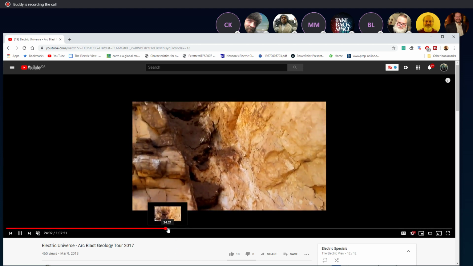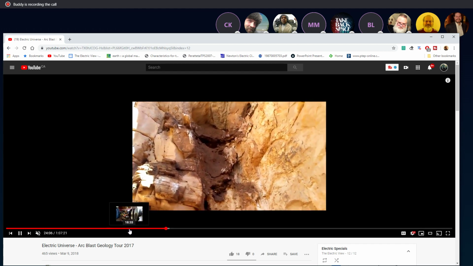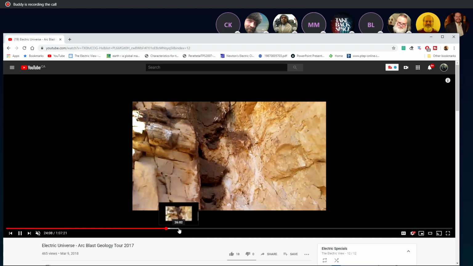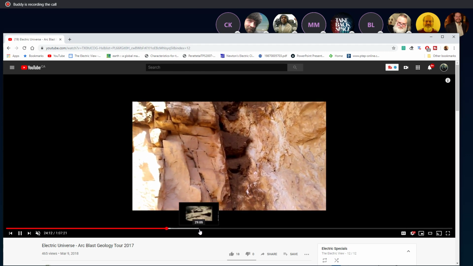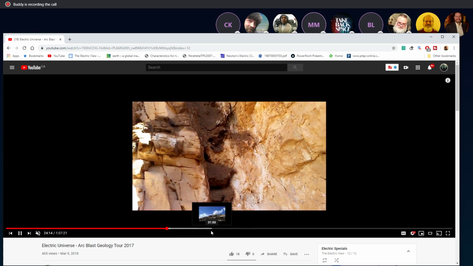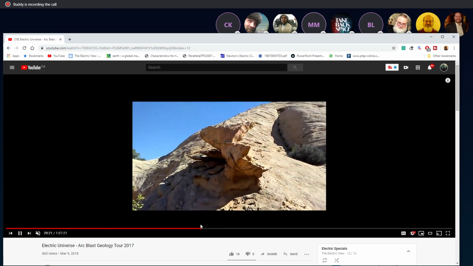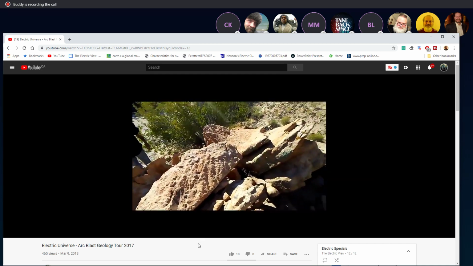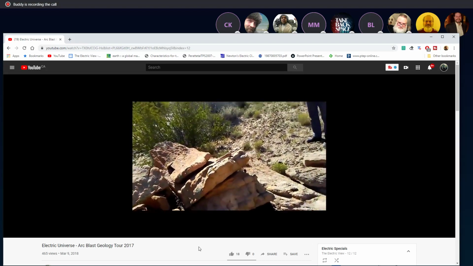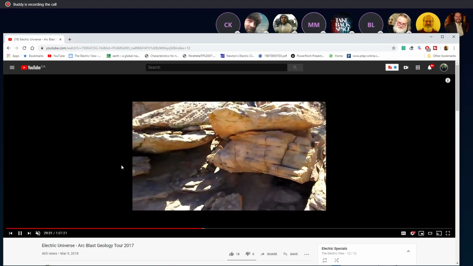But yeah, there's this one, and then the other one was when we found it. This right here is the rock that's in the Birkeland current rock. As you can see, it's an actual tube inside the rock.